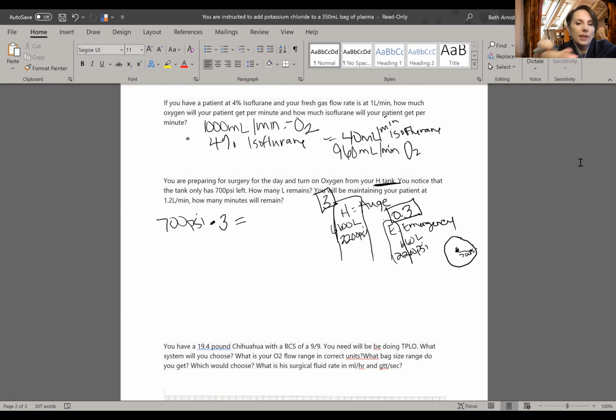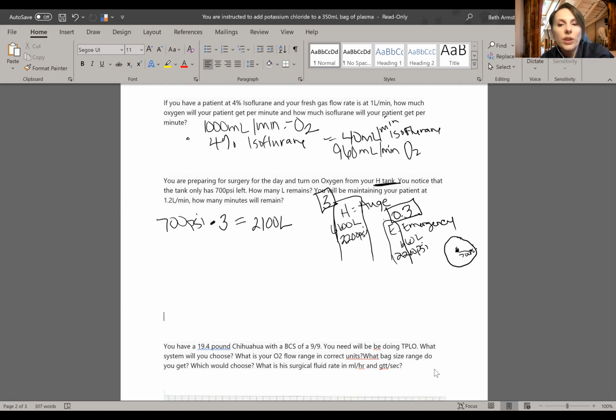So we multiply that together, and how many liters do we have? Good, 2,100 liters.